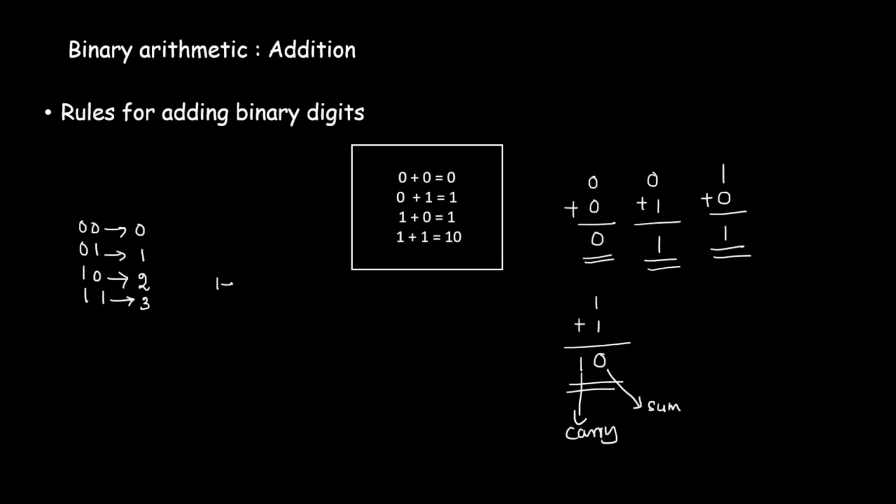Now in decimal, when you add 1 plus 1, we get a result of 2. How is 2 represented in binary? It is 1 0. So 1 plus 1 is 2, which is represented as 1 0 in binary. But if you get a 1 0 upon addition of two 1 bits, this 1 has to be taken as a carryover.